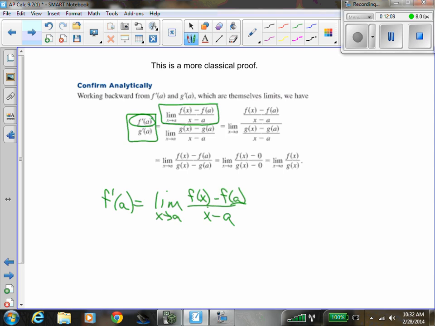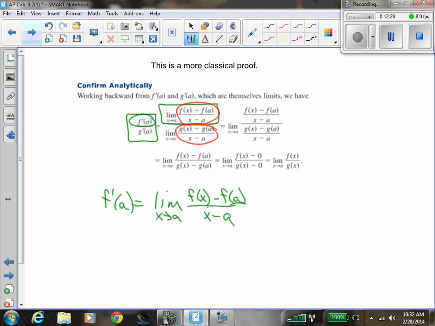Now, what we have here is the quotient of two limits. And if we have the quotient of two limits, it's the same as the limit of the quotient. So my quotient is that fraction over this one. Let's see, the people that are having to view this won't see that. So it's these two.